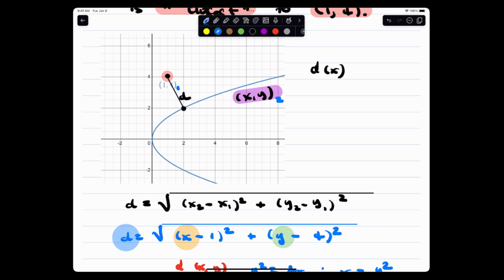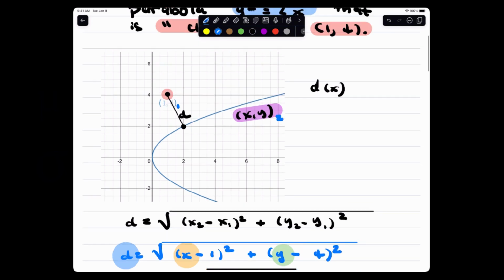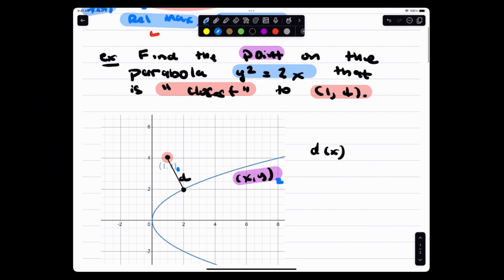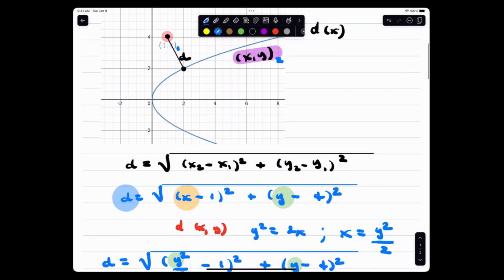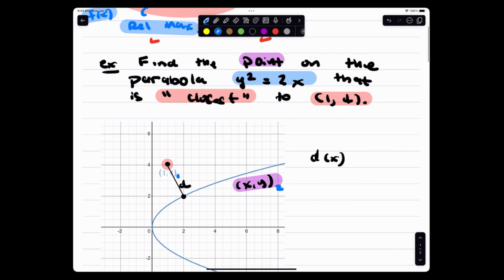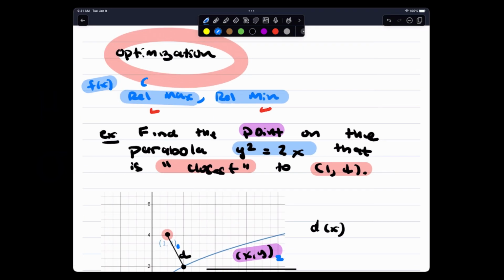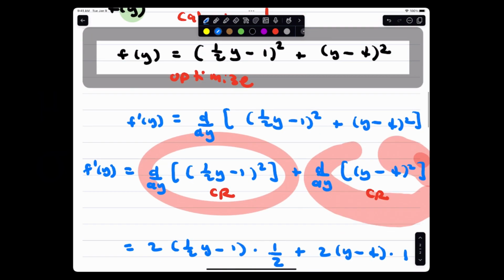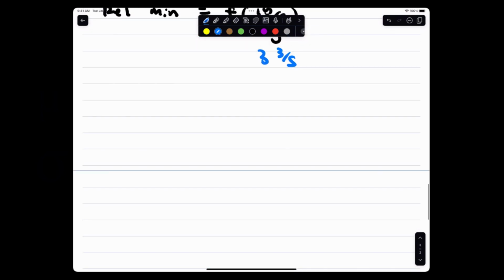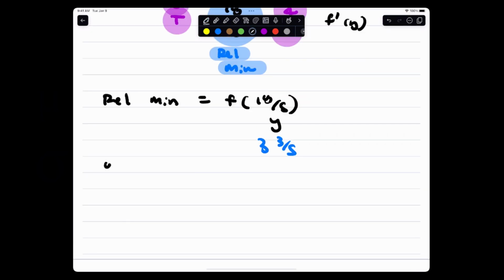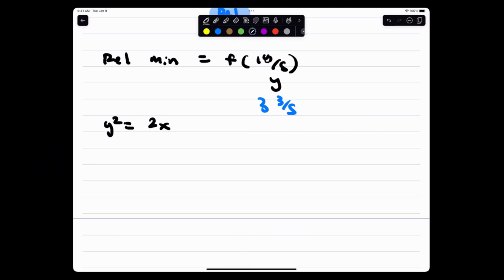Well, what's the x coordinate going to be? How do we get the x coordinate? I think we have the y coordinate, don't we? How do we get the x coordinate? What is x? Go back up here. What's y squared? Isn't that 2x? So if your y squared is 2x, what happens when we plug in that y value?